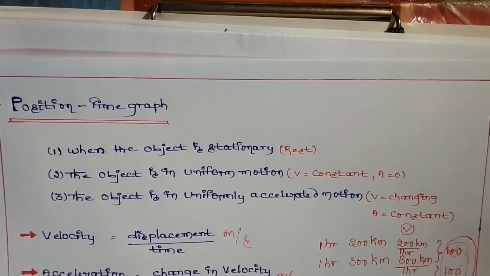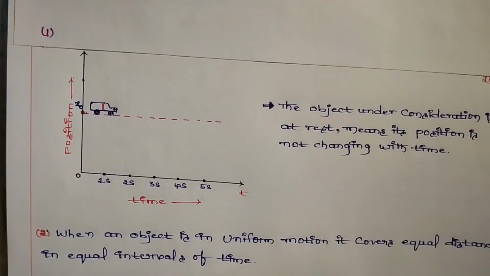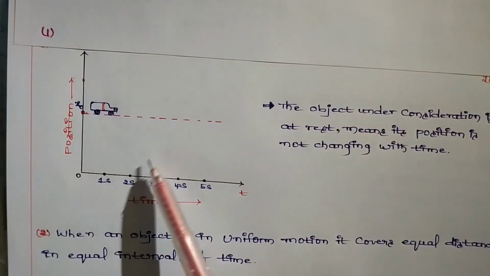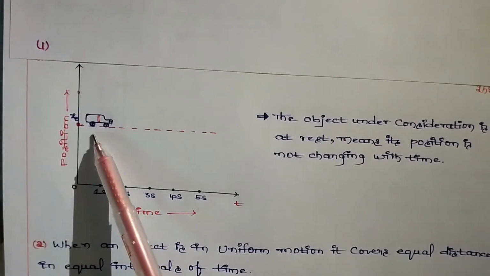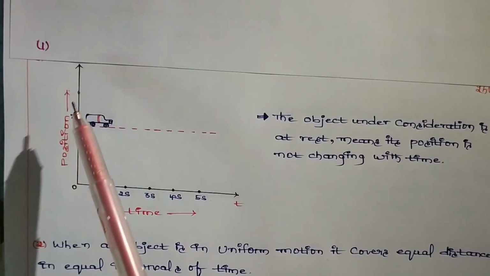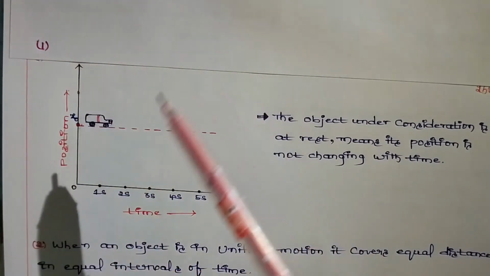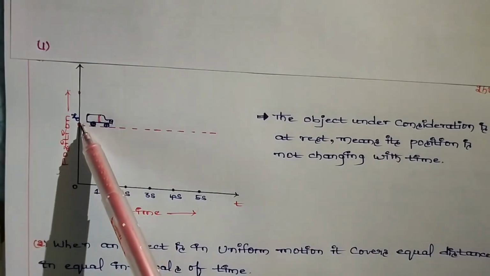When the object is stationary, the graph will look like this. Here the object's position is not changing. It is at x0 itself. It is not going to the x1 position, x2 position, and so on. It is still at the x0 position.